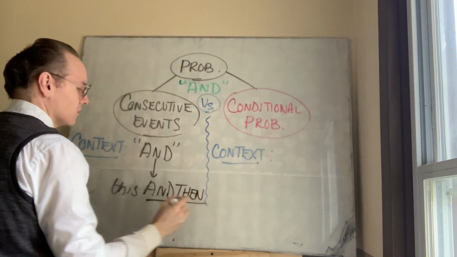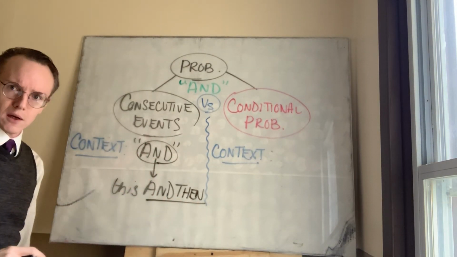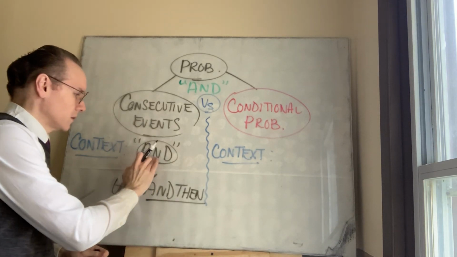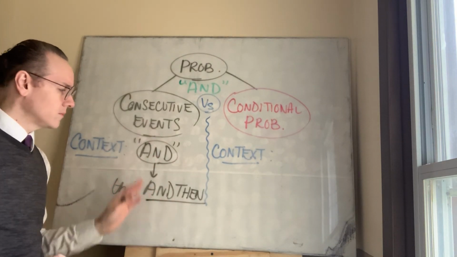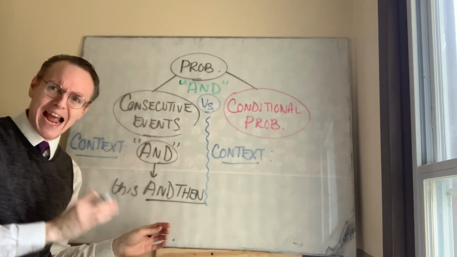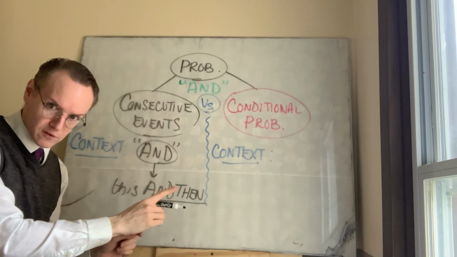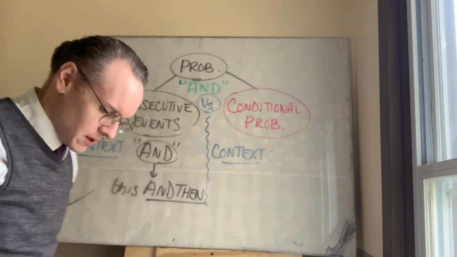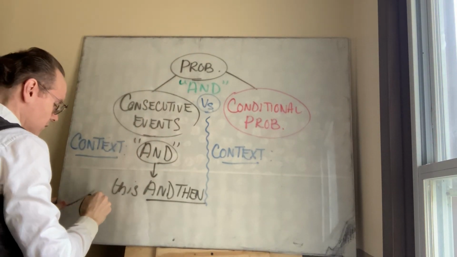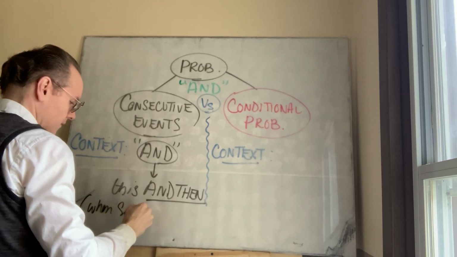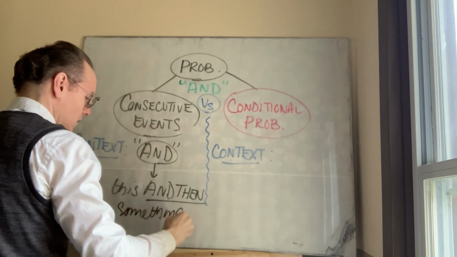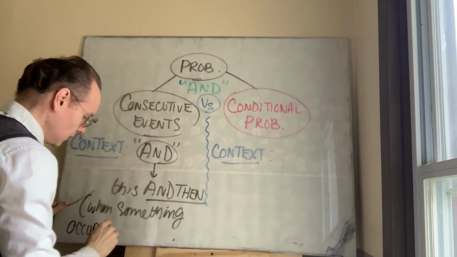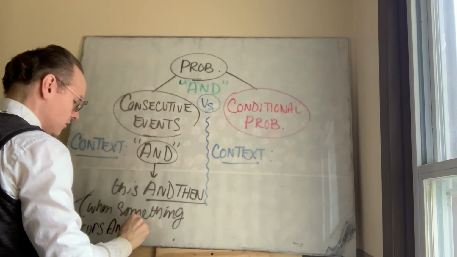Even if it's just written sloppily or lazily, just one word "and," think of it as being "and then," meaning two things. One thing follows another. They're consecutive. This is when something occurs and then something else.